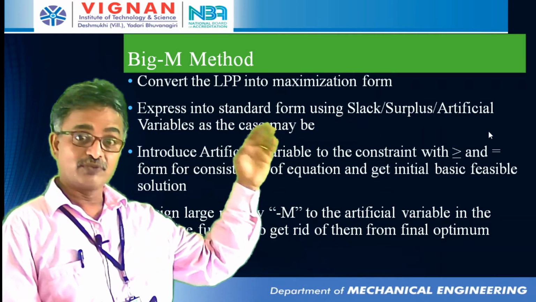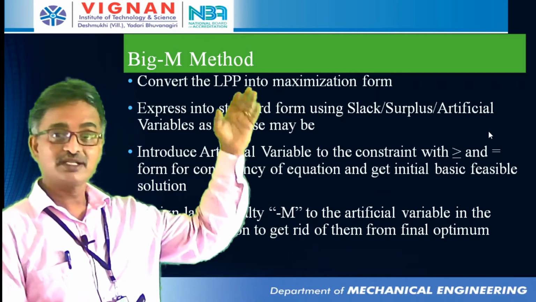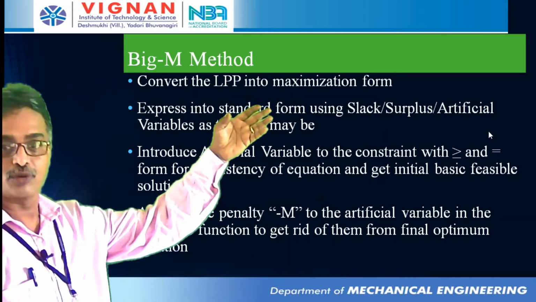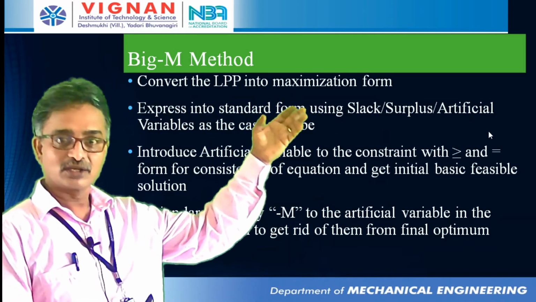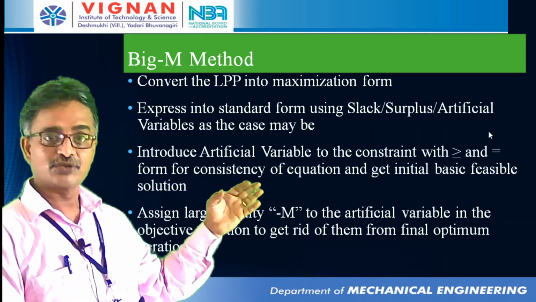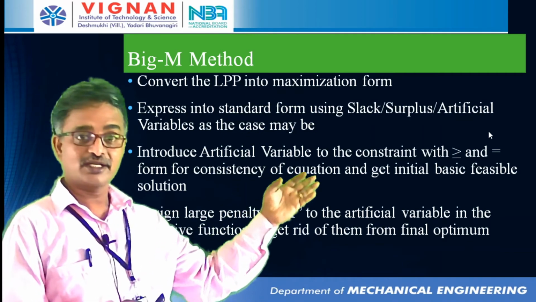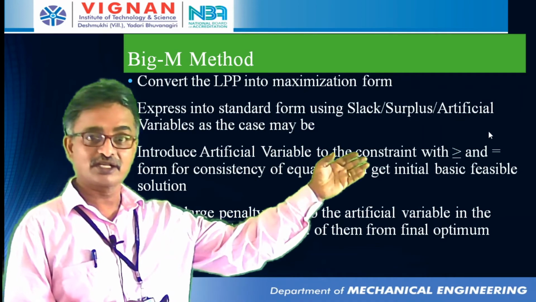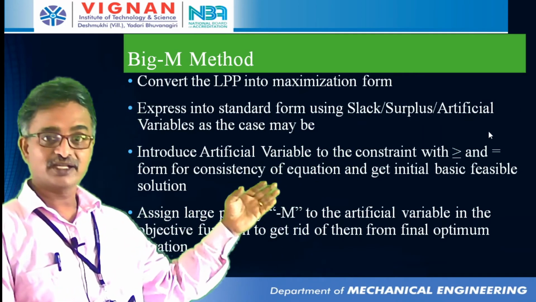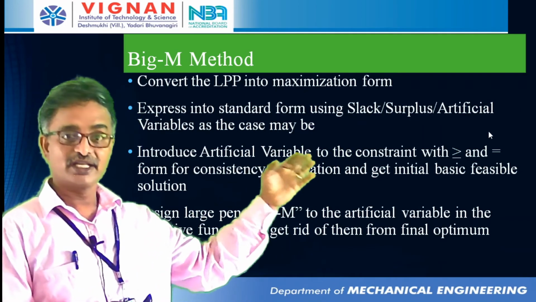Only when we have an artificial variable does this method come into play for solving that formulation. Introduce an artificial variable to the constraints of greater than or equal to type and equality type if necessary for consistency of equations, and get the initial basic feasible solution.